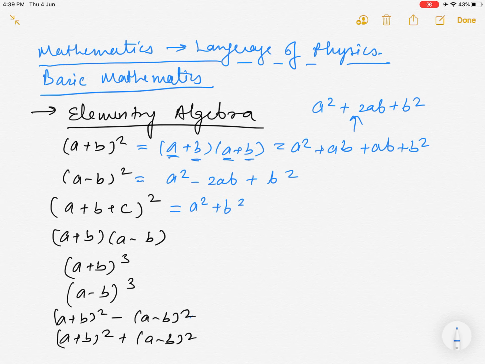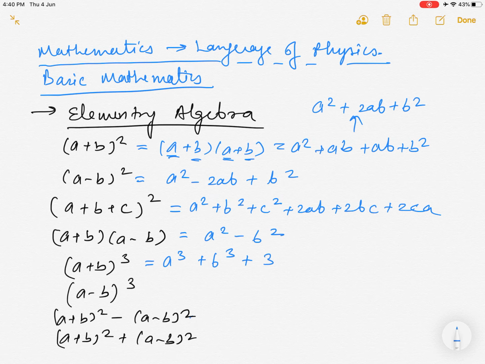Now I'll not do each and every formula in detail. I'll just tell you what the values will be. So (a plus b plus c) whole squared will give you a squared plus b squared plus c squared plus 2ab plus 2bc plus 2ca. Then you have (a plus b)(a minus b). When you multiply them, you'll get a squared minus b squared. The formula for (a plus b) whole cubed is a cube plus b cube plus 3ab, and then in bracket (a plus b).